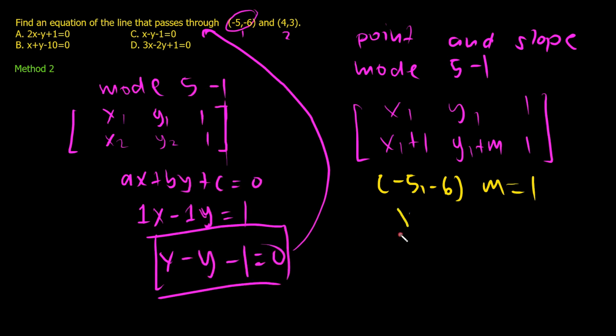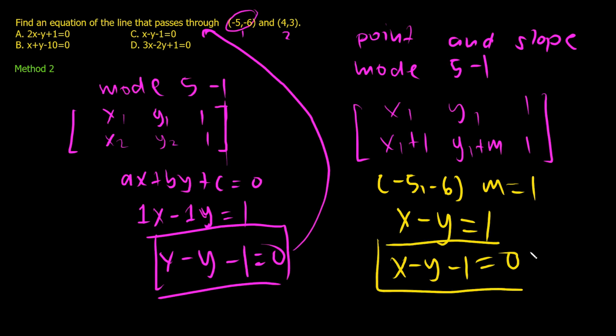It is the same as what we got earlier. So x minus negative 1 minus y is equal to 1. Rearranged, x minus y minus 1 is equal to 0. Again, this is the method if 2 points are given, and this is the format if a point and a slope are given.